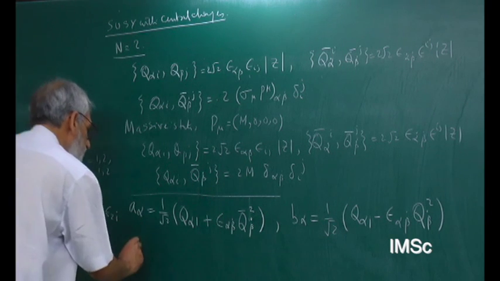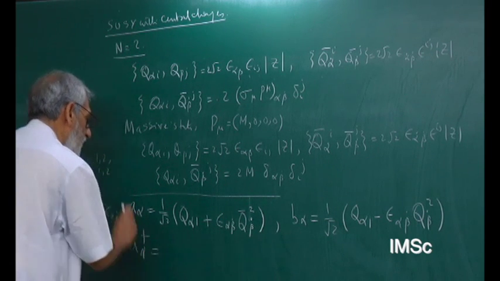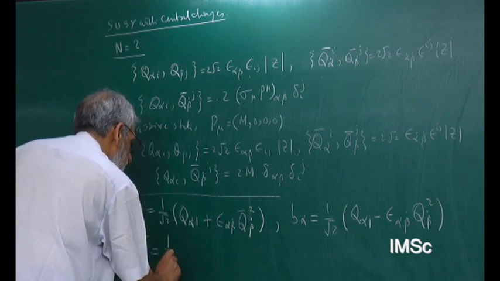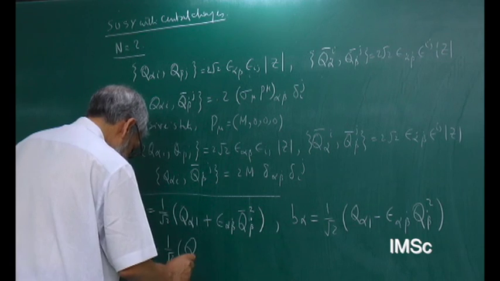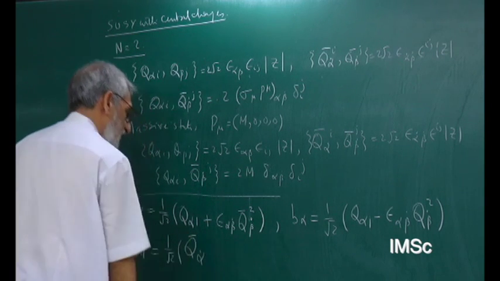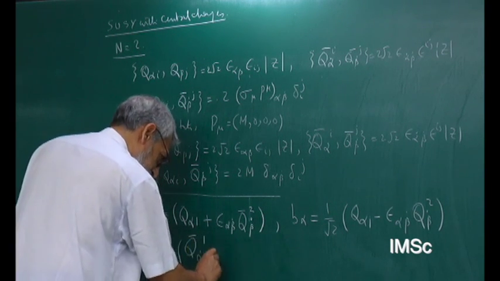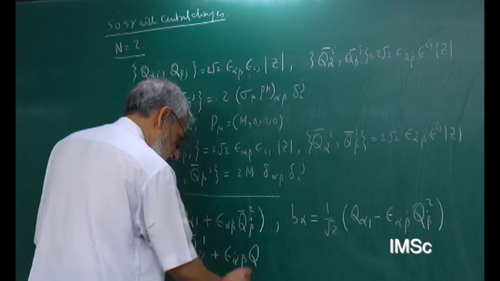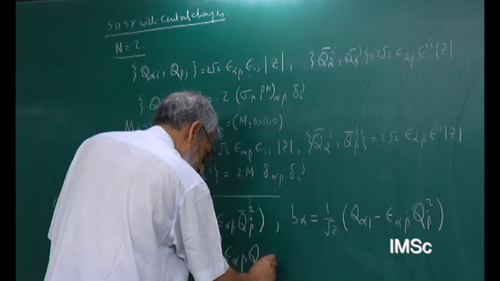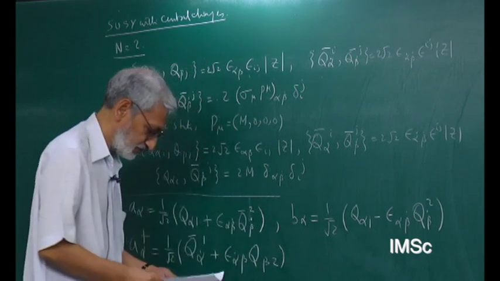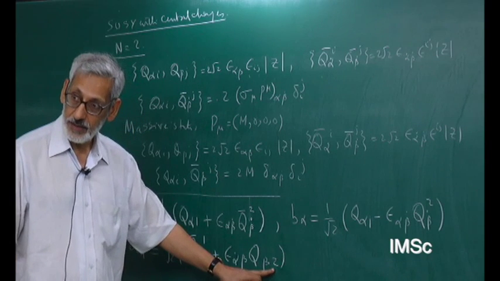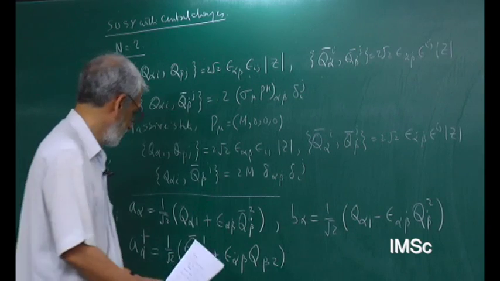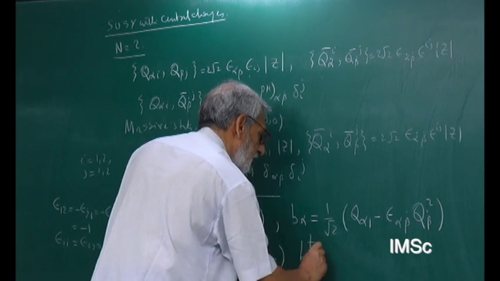Then take the conjugate combination and call it A dagger alpha: epsilon alpha dot beta Q bar alpha dot 1 plus epsilon alpha dot beta Q beta and 2. This is the internal space index, J equal to 2, I equal to 2. And the other combination, we call that B dagger.